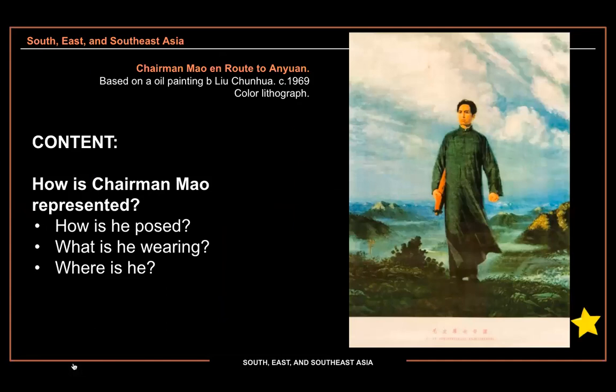So let's look at this other, the second image that we have for Chinese painting. This is an image of Chairman Mao en route to Anyuan. And so how is he represented? You probably have seen, maybe not thousands, but you've probably seen a lot of images of Chairman Mao. But maybe you've seen this one. I had never seen this one.